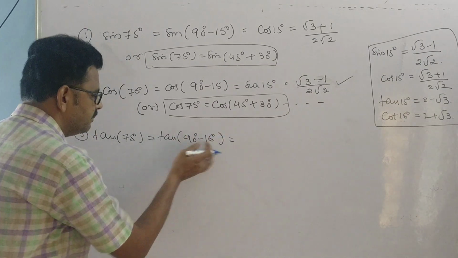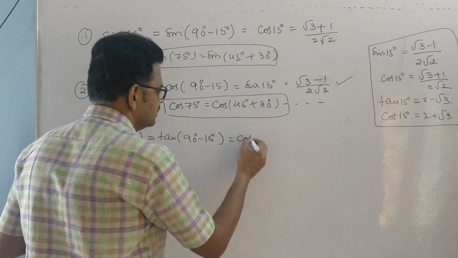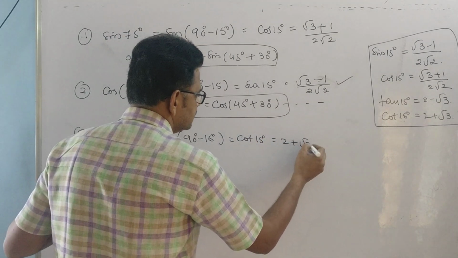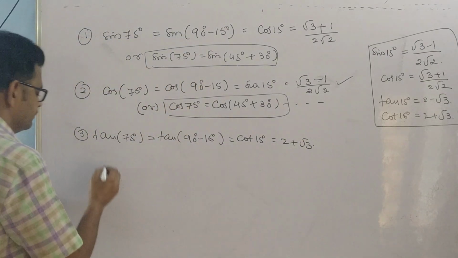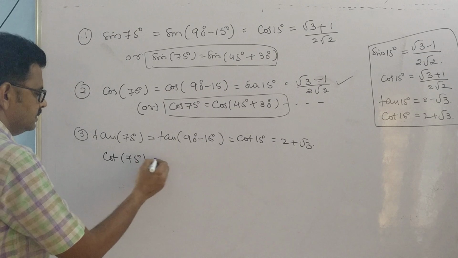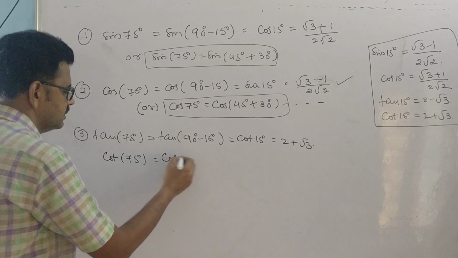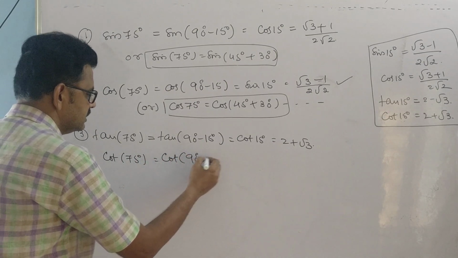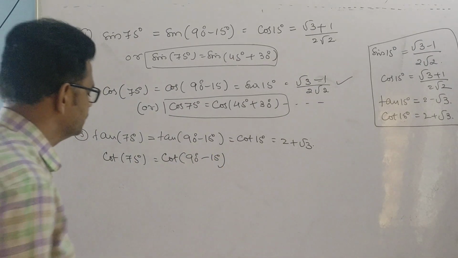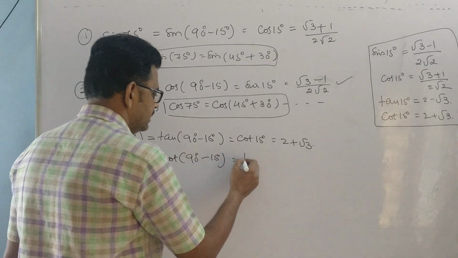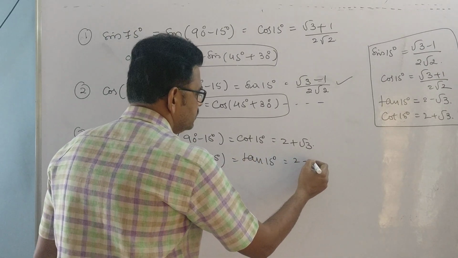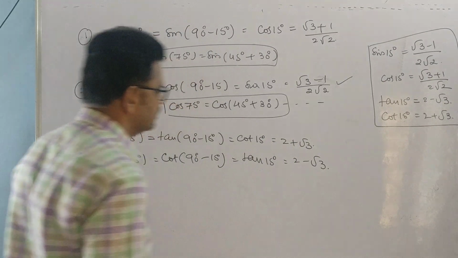Tan of 90 minus theta is cot theta, cot 15 degrees, that is equal to 2 plus root 3. And the cot of 75 degrees is cot of 90 degrees minus 15 degrees. So cot of 90 minus theta is tan 15 degrees, that is equal to 2 minus root 3.